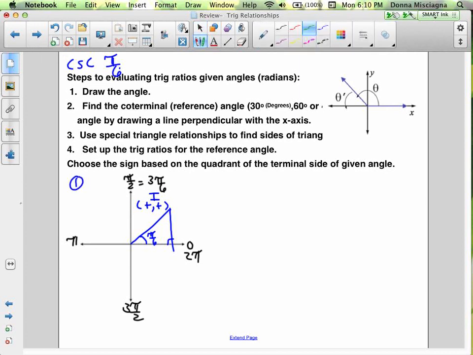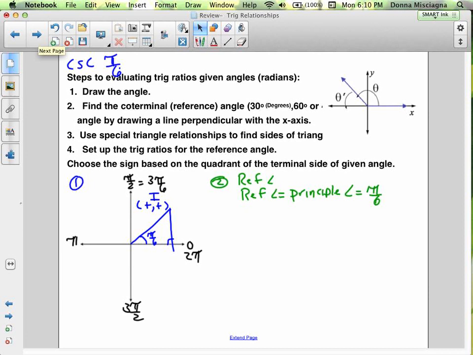Our step 2 is the reference angle. But we're in the first quadrant, so the reference angle equals the principal angle, which means our reference angle is pi 6. So the fact that you know you're working with pi 6 actually would get you to that point.